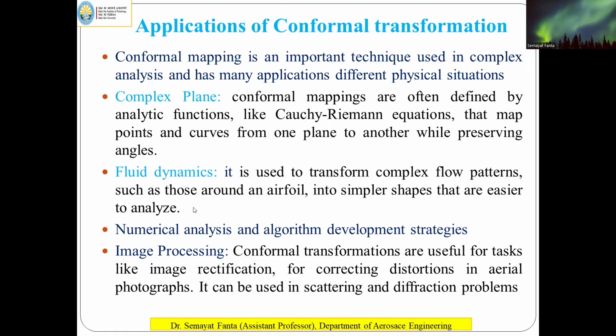On that, conformal mappings are often defined by the Cauchy-Riemann equations that map points and curves from one plane to another while preserving the angle. We already saw the Cauchy-Riemann equations, which are du over dx equal to dv over dy, and du over dy equal to minus dv over dx.